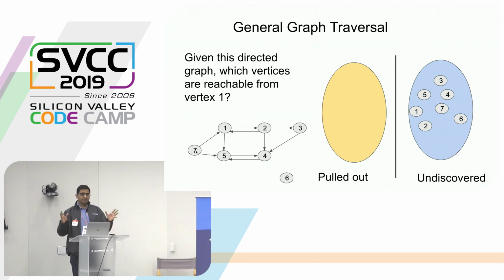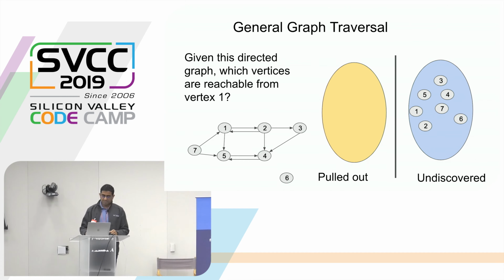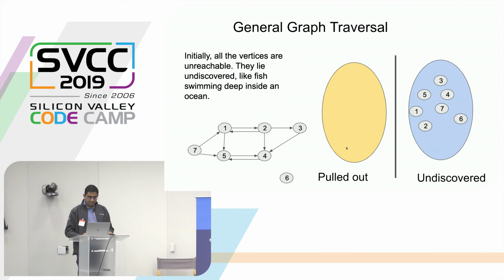But this graph could, in theory, be thousands or tens of thousands of vertices big. And so we want to find out how we would get a machine to figure out the answer to such a question. What we do is we visualize all the vertices of this graph initially as unreachable, undiscovered vertices.